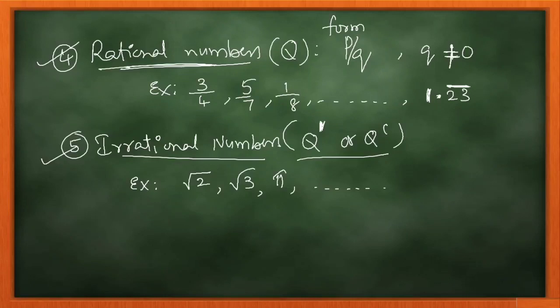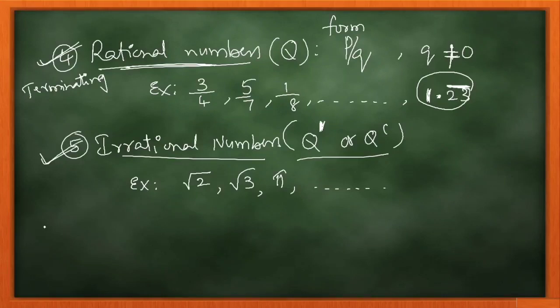So the difference between rational and irrational is that rational numbers are terminating, that means we get a remainder 0, or non-terminating but repeating, like 2, 3, 2, 3, 2, 3 repeated.